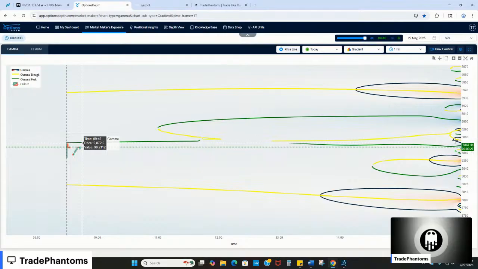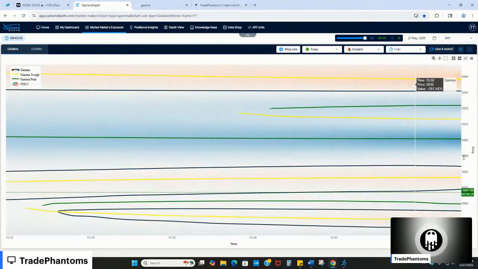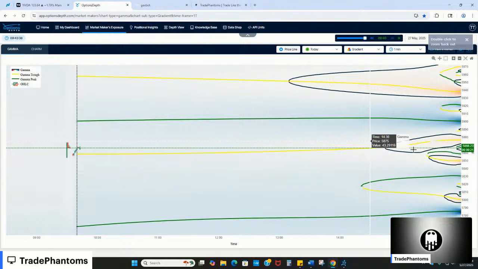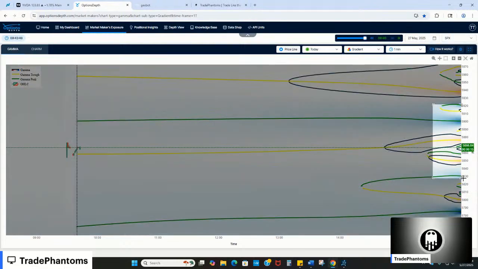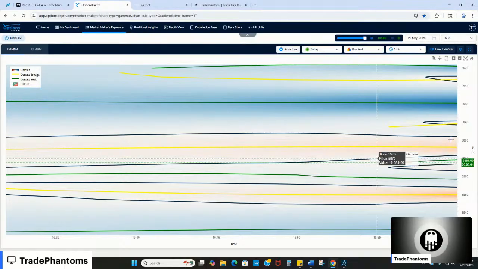But a little bit above that, you gotta kind of dig deep into this. There's a little negative GEX right up here. If we can get above this 70 handle on SPX, there's a little negative pocket of GEX here.